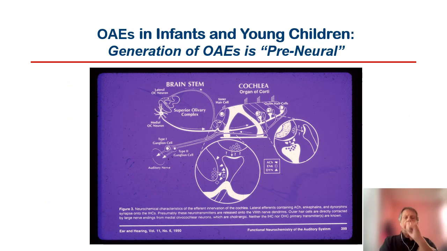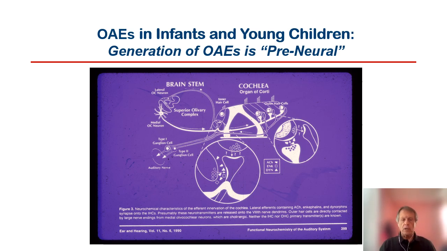I mentioned earlier that OAEs are so useful in diagnosing auditory neuropathy. Well, that's not because OAEs are affected by auditory neuropathy. In fact, quite the opposite. If a patient has a neural problem, anywhere from the synapse between the inner hair cells up through the auditory nerve to the brainstem, but that same child has a perfectly normal cochlea, they should have normal OAEs.